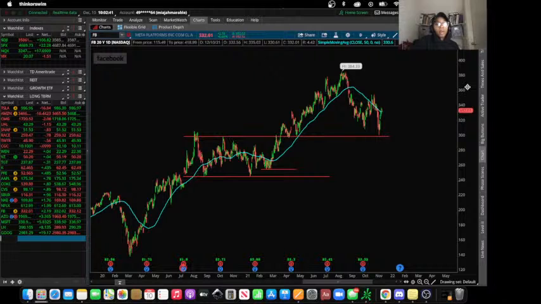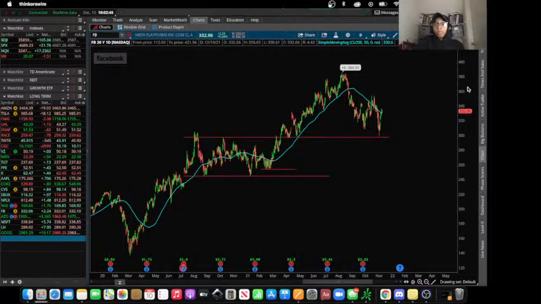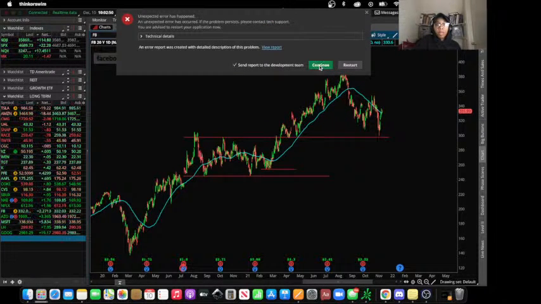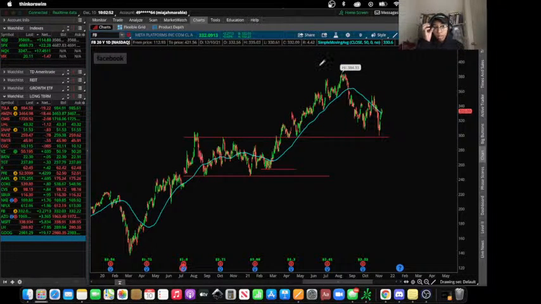If you buy a new iPhone every year, you have an Apple computer and AirPods, maybe Apple is something you should invest in. Or if you use Facebook all the time, Instagram, WhatsApp, maybe Facebook is something you want to invest in.